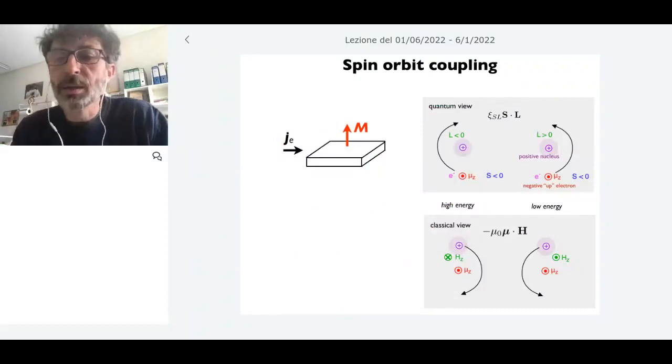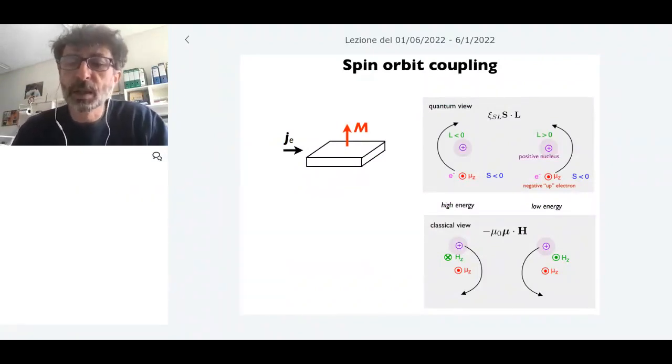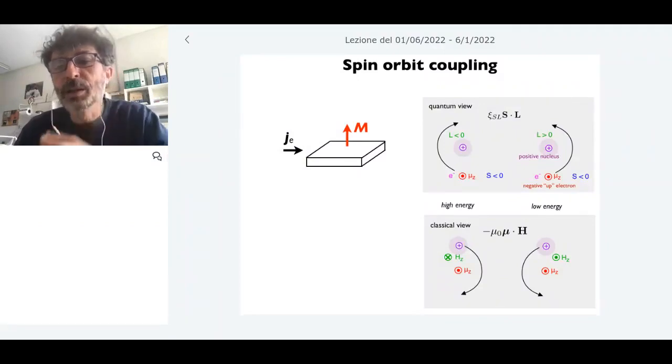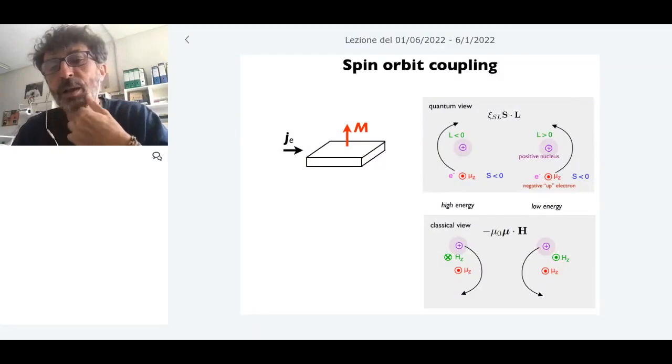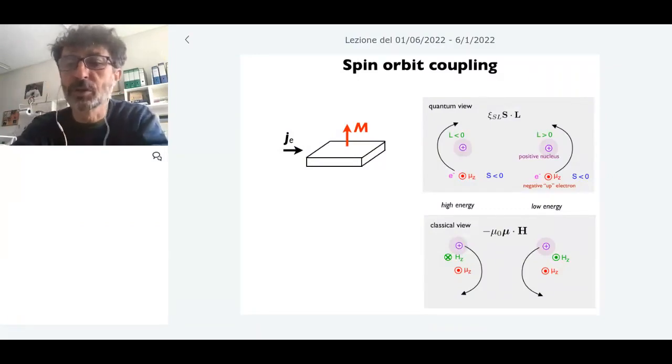Let's still add one element, and then we go to the conclusions. The element is what we mentioned at a certain point. We said there is spin-orbit coupling, which is important for electrons, also for conduction electrons. And this spin-orbit coupling is what gives you the strength of the spin flip, the possibility to flip the spins.